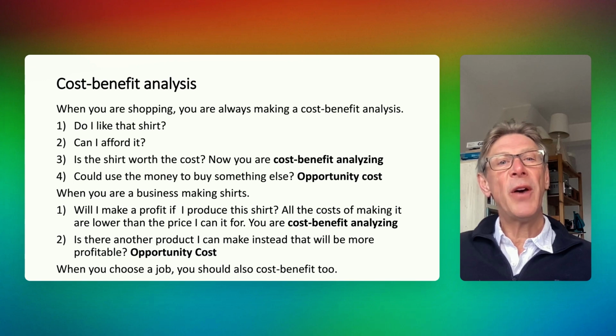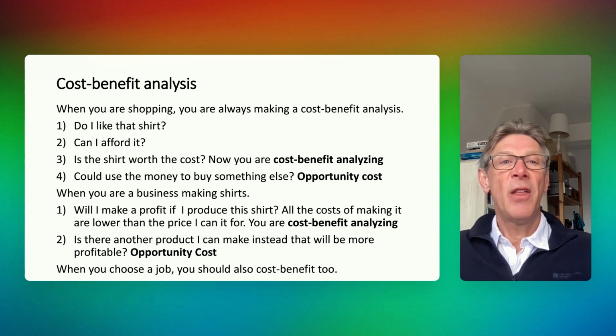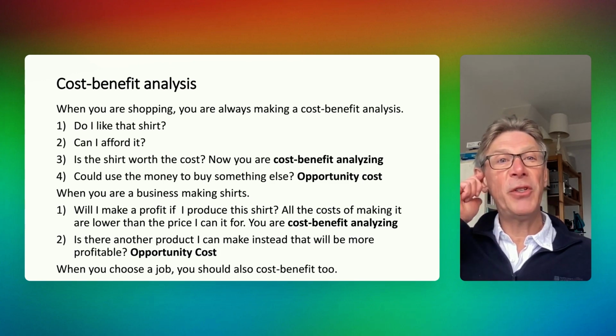But imagine that you are the business that makes the shirts. You also will do cost-benefit analysis when you're deciding whether you want your business to be making shirts or maybe doing something else. The first question of a business is, will I make a profit if I produce this shirt? If you don't make a profit, then there is no point in producing the shirt.